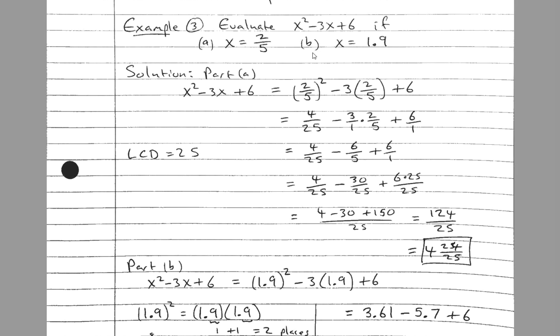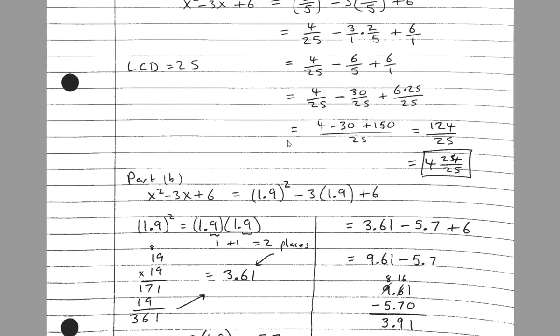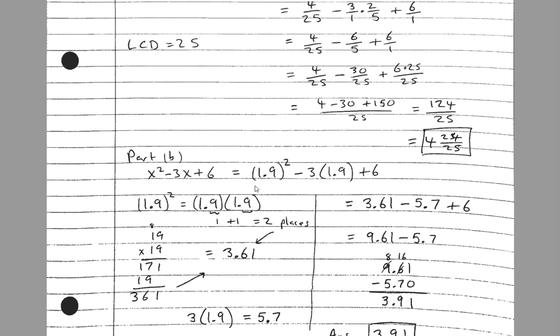This part B, substitute x equals 1.9, so now a decimal. So now we're using our work with decimals from chapter 4. Every x gets replaced by 1.9 in parentheses.